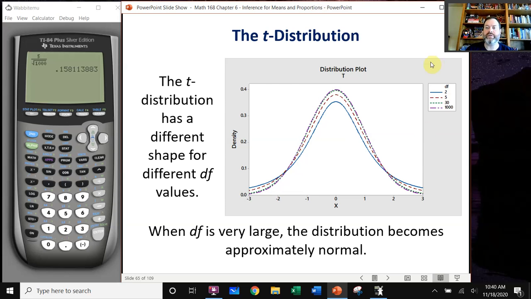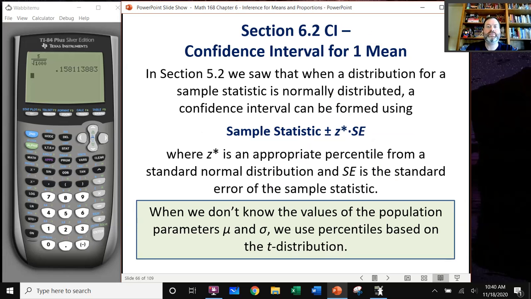So let's talk more about the t-distribution. What we use it for is when we don't know the population standard deviation, which for almost everything we've done in this class so far, we really don't know the population mean or the population standard deviation. So we take a sample. That sample gives us a sample mean. That sample gives us a sample standard deviation.